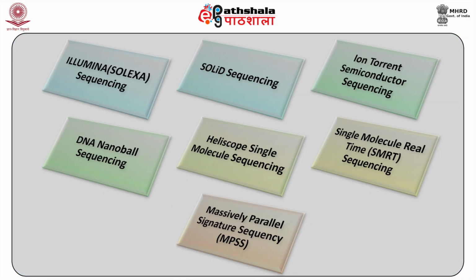Other than shotgun sequencing, pyrosequencing and Polony sequencing, there are other sequencing methods like Illumina Solexa sequencing, SOLiD sequencing, Ion Torrent semiconductor sequencing, DNA nanoball sequencing, HeliScope single molecule sequencing, single molecule real time, in short called SMRT sequencing, and massively parallel signature sequencing, MPSS.